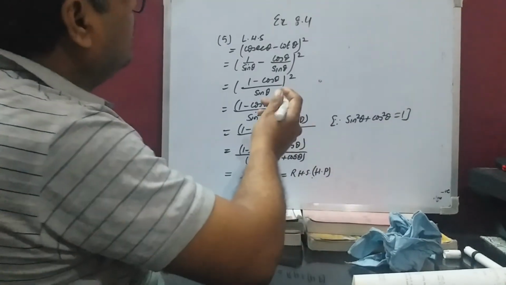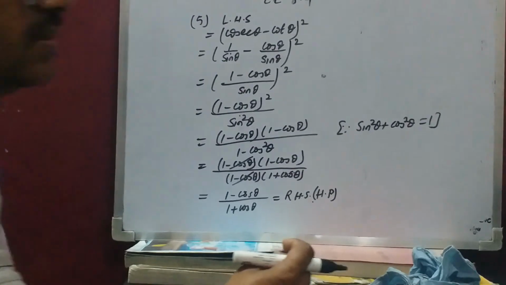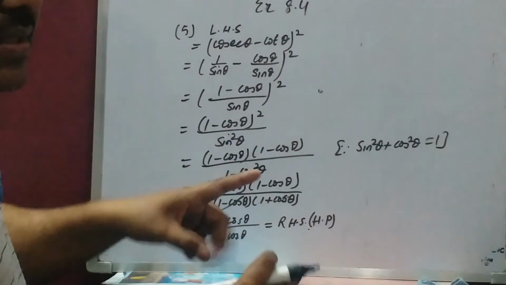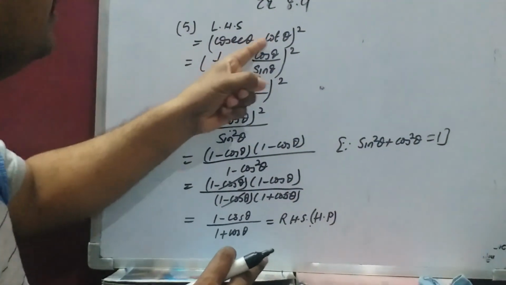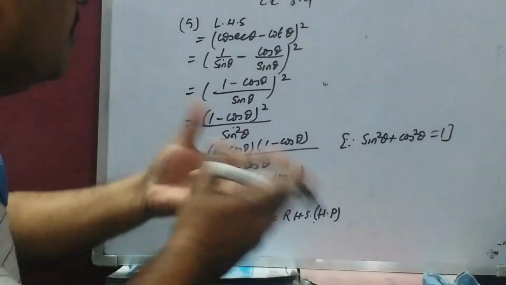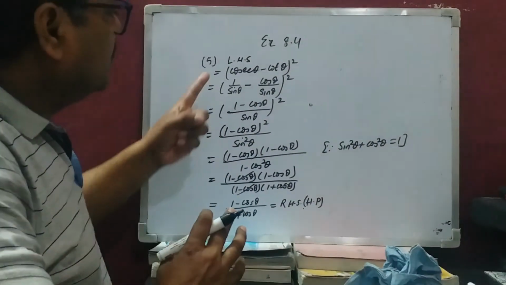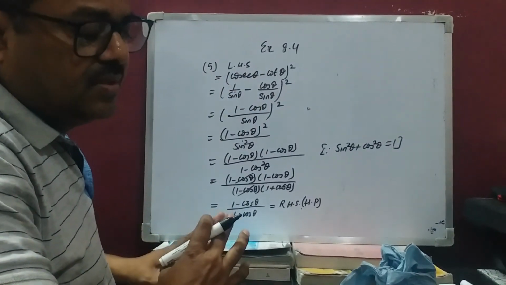And if you watch the RHS carefully, you will get the signals of your correct answer. In RHS, cos is given to you, so you will convert these trigonometrical ratios in the form of sin and cos. Hence I have told you to convert these in terms of sin and cos.